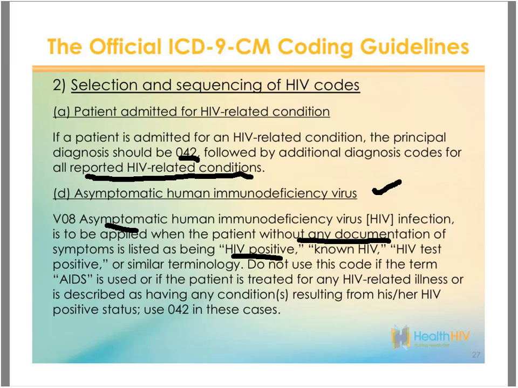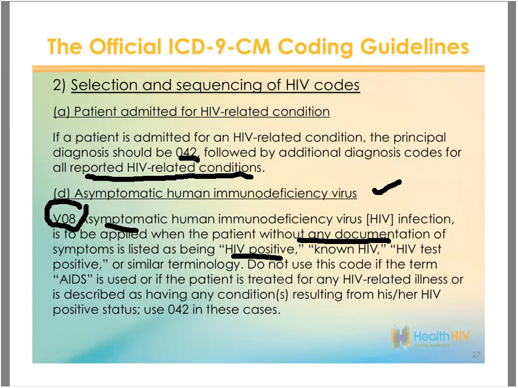So anytime the documentation states HIV positive, known HIV, HIV test positive, or any similar terminology, as a coder, we're going to code that as V08. So again, it's very important that the providers on the line understand the importance of properly documenting so that we as coders can make sure that we are properly coding the services that you're reporting.